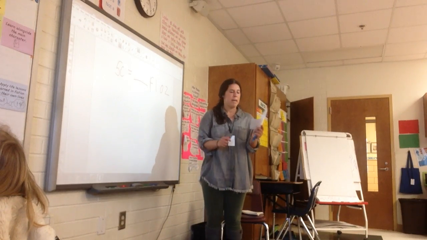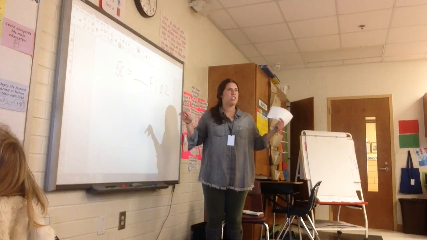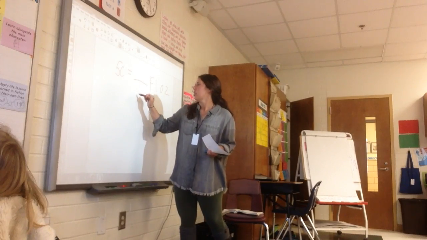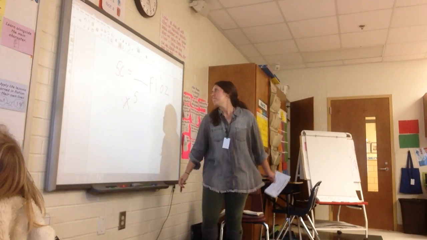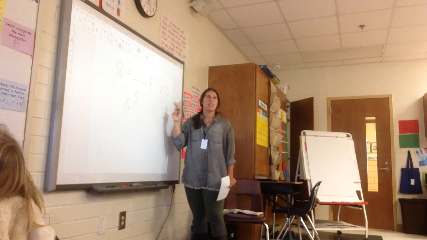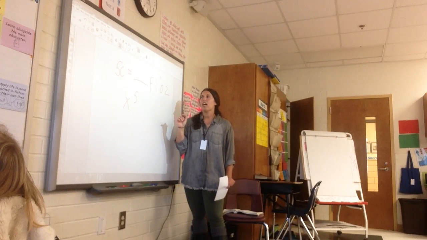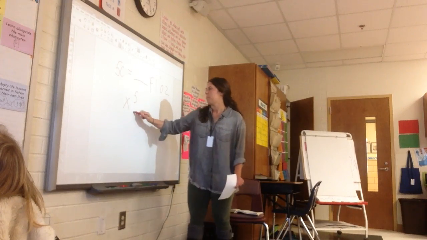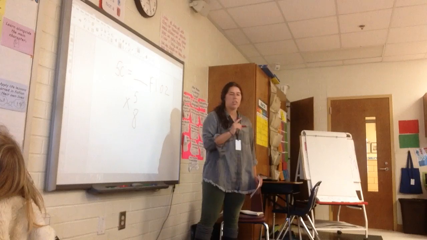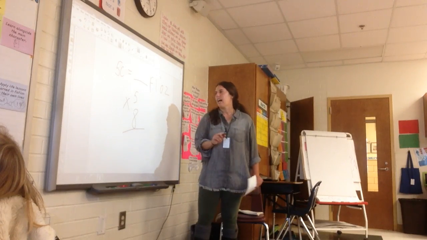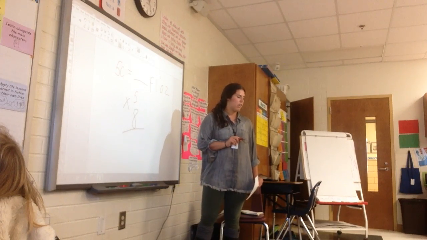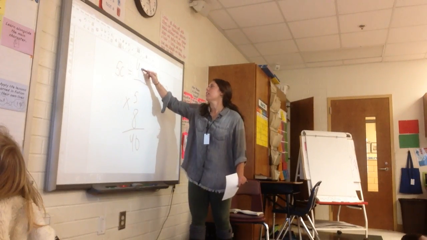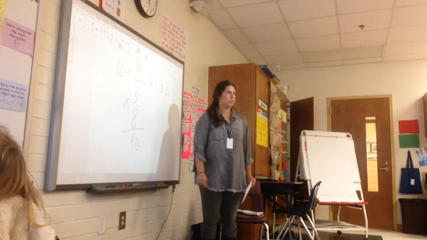So we're going bigger to smaller, so we multiply. There's 8 fluid ounces in 1 cup. So we do 8 times 5, and that gives us 40. So in 5 cups, there are 40 fluid ounces.